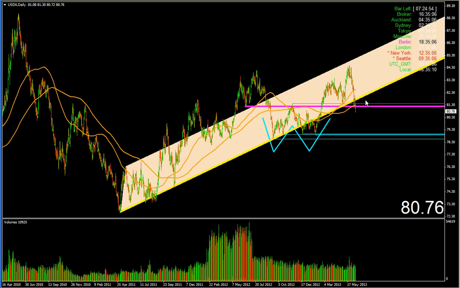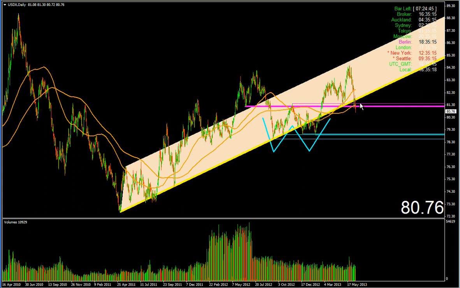Fundamentally and politically the euro I wouldn't trade, but maybe I'm too pessimistic, and I wouldn't fight the trend. So the trend today in the euro dollar, let me explain in one sentence.